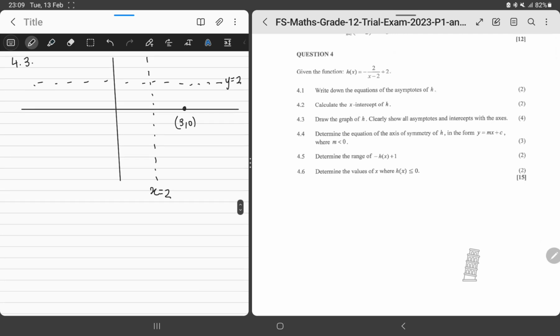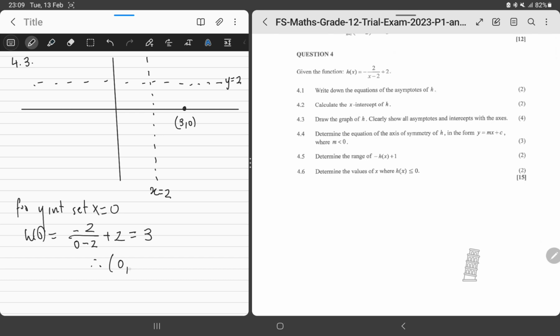Now I just need to find the y-intercept. For the y-intercept, I'm going to set x equal to 0. h of 0 is equal to minus 2 over 0 minus 2, plus 2. That is going to give me 3.